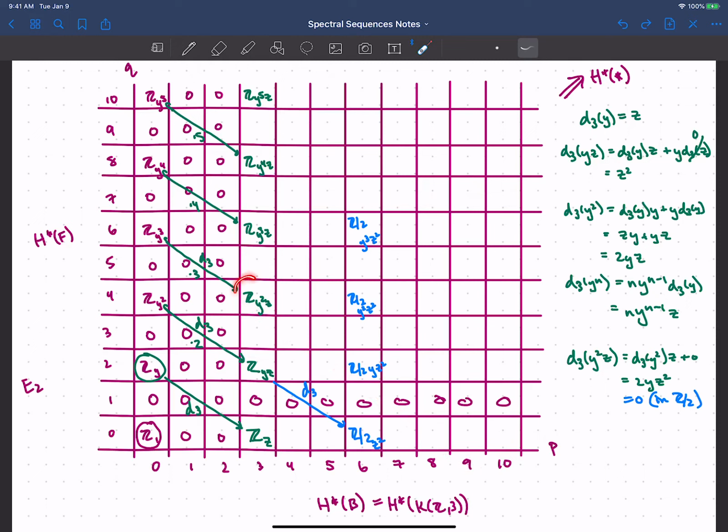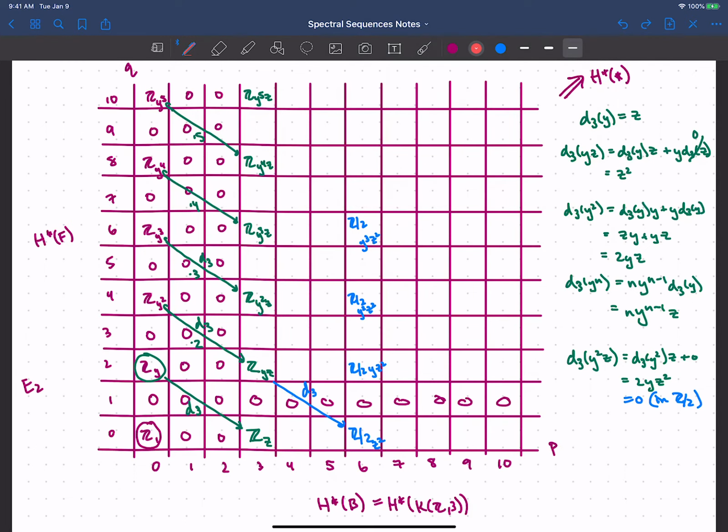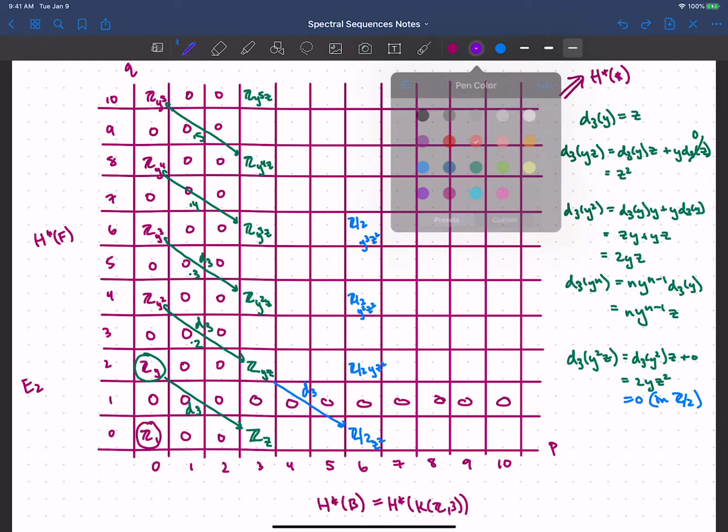Also notice this spot, it's not like we can hit it from something else because a D2 would come from here. A D3 would come from there, we already know about that, and then D4 we'd already be off the page. So it must be that, let's try to find a different color. That one's pretty similar, but purple.